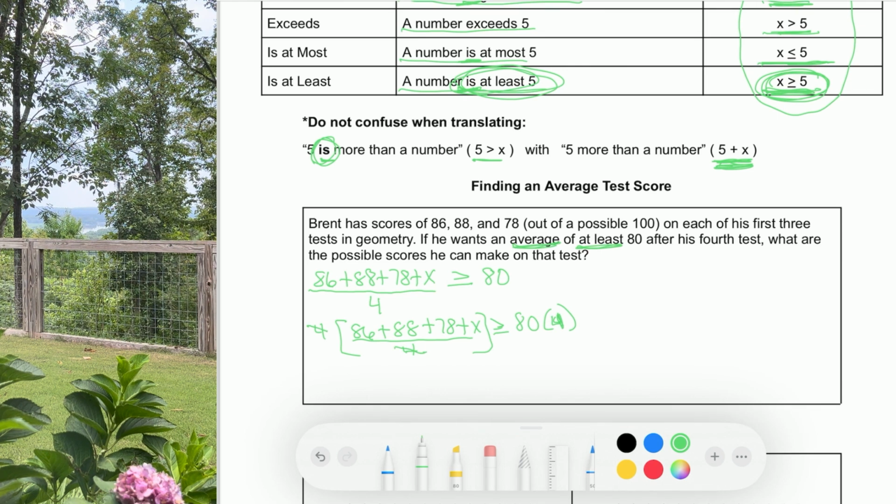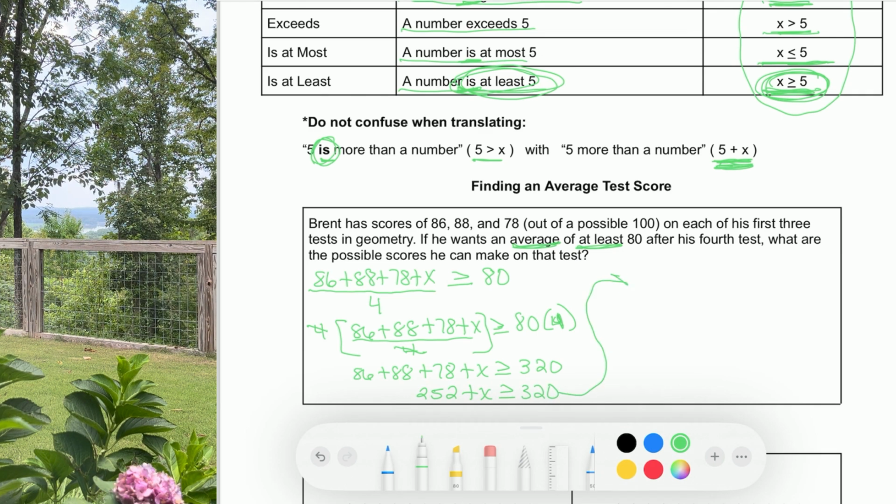This 4 cancels that 4 out. So I end up with 86 plus 88 plus 78 plus x is greater than or equal to 80 times 4 is 320. Now I need to combine like terms, which is the 86, the 88, and the 78. When I combine those, I get 252 plus x is greater than or equal to 320.